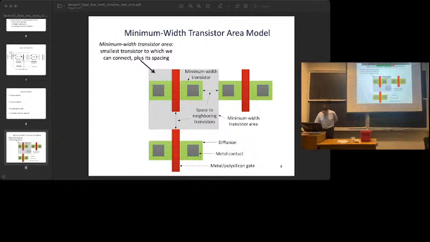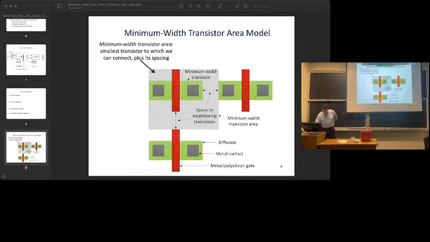So what it means is there's a certain minimum size transistor that you can make in any manufacturing process. And that's what I'm showing here. This is the width of a transistor. Okay, so how wide is the diffusion? This is a bulk process, so it's not FinFET, but the analysis is similar in FinFETs. So there's a certain minimum width you can make and still put contacts down to that transistor.